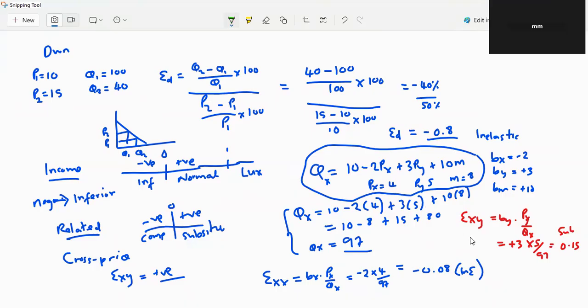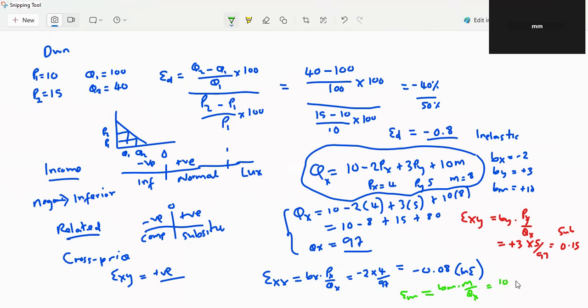All right. Then finally, we go to the income elasticity. So income elasticity, EM, is equal to what? The gradient for the income, the price for the actual income over the quantity of X. So what was the gradient for the income? Positive 10.